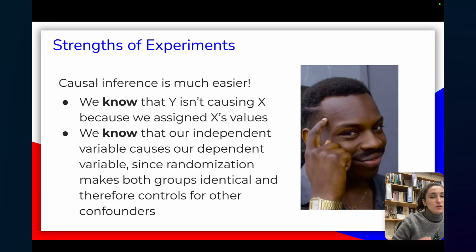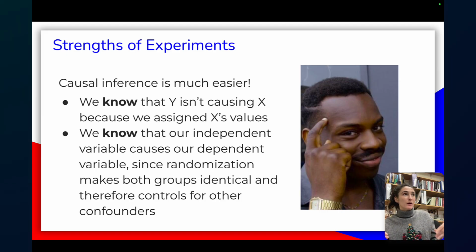Now, the strengths of experiments is that causal inference is much, much easier. We know that Y isn't causing X because we were the ones who assigned X's values. So we know that our independent variable causes our dependent variable, since randomization makes both groups identical and therefore controls for other confounders.